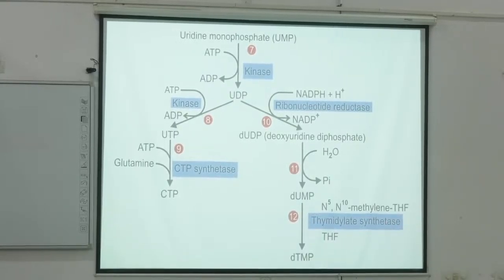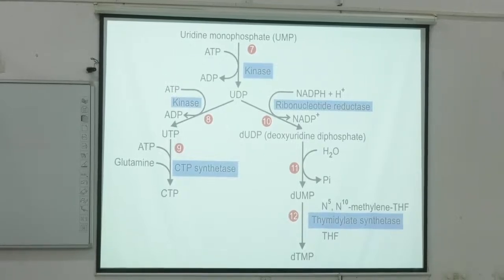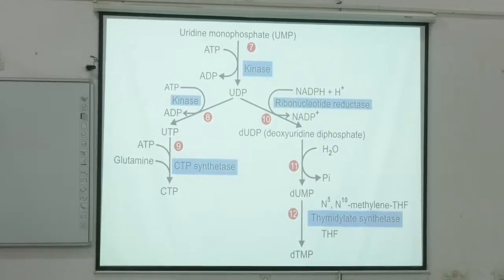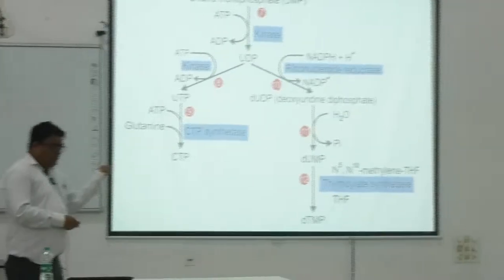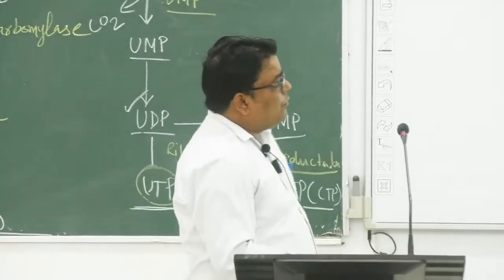So ultimately this takes 12 steps, and we can synthesize the pyrimidine structure.